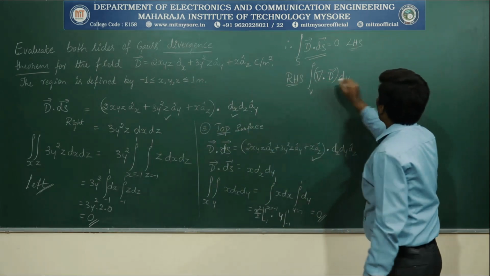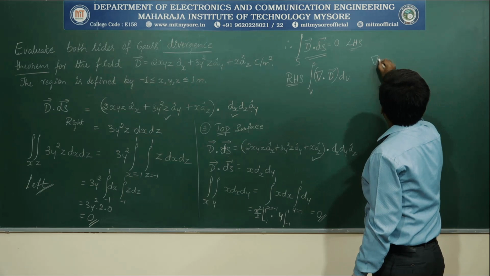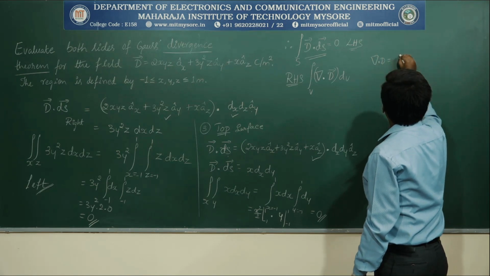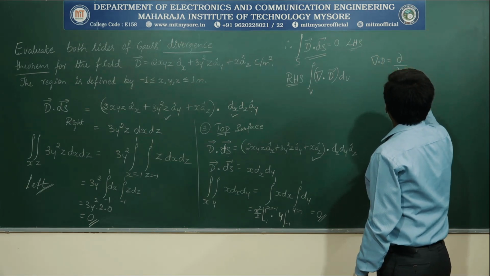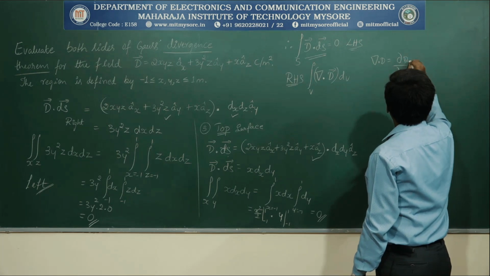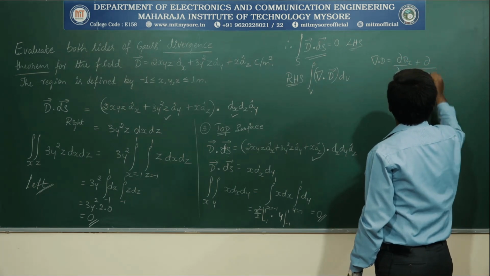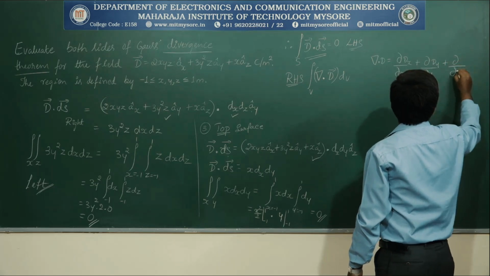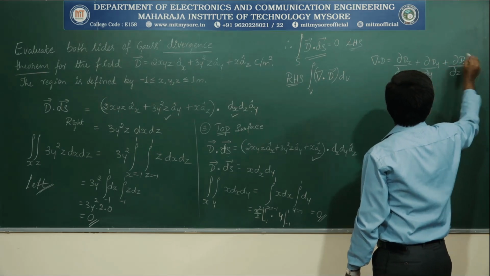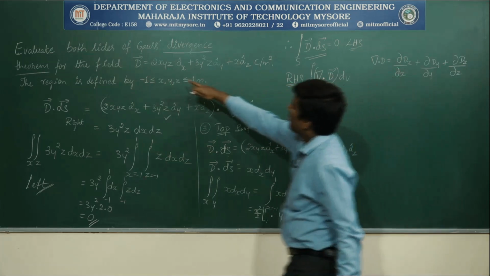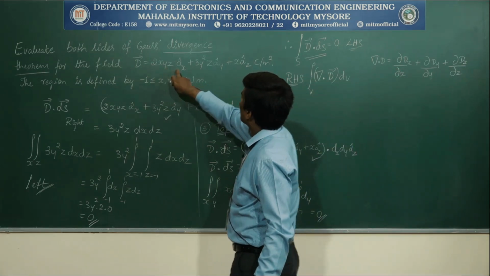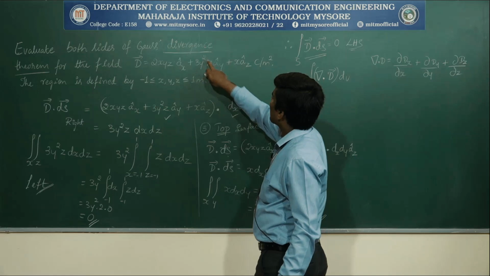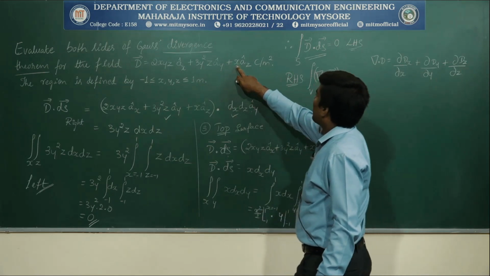What is gradient dot D? Del dot D is equal to ∂/∂x of Dx plus ∂/∂y of Dy plus ∂/∂z of Dz. What is the Dx component? Dx component is 2xyz, Dy is 3y²z, Dz is x.